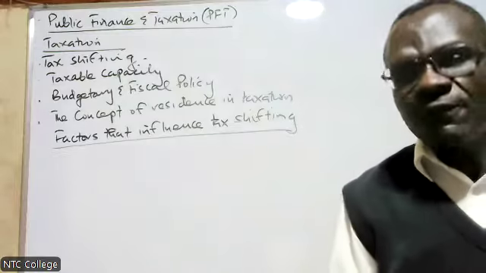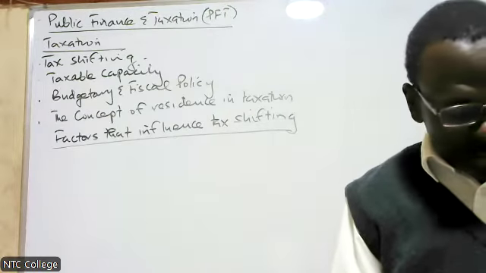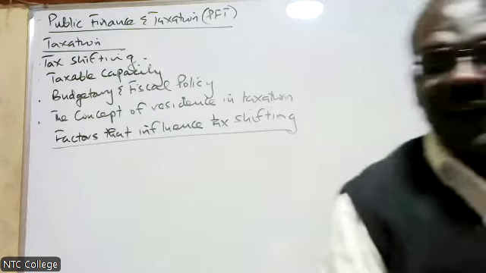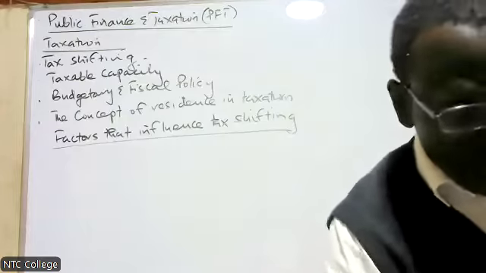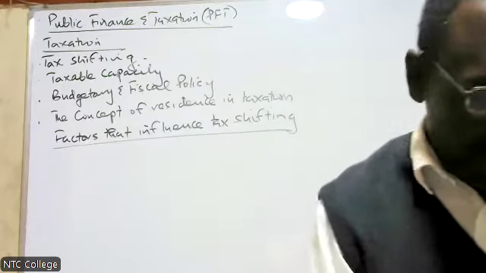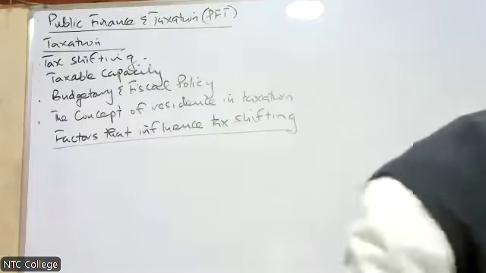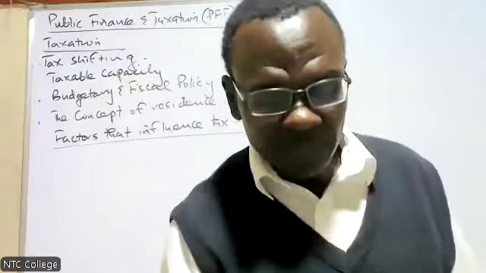He'll give you the number of factors you must explain. So most likely he'll tell you, explain like 5 factors that influence tax shifting, or explain probably 4 factors, whatever number. Usually it's 4 or 5.